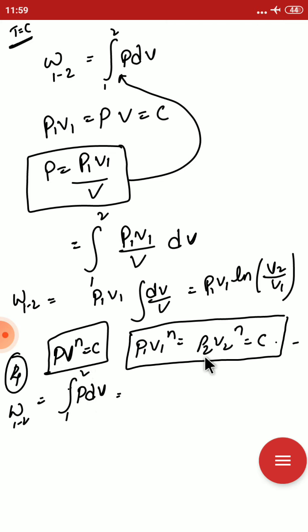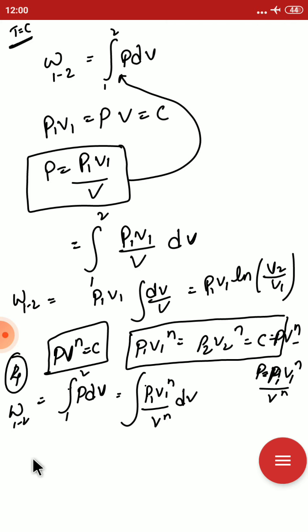We substitute P here from PV power n: P is P1 V1 power n by V power n, into dV, integrated for the 1 to 2 process. These are all simple mathematics and simplifications.